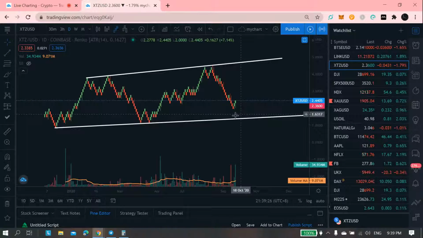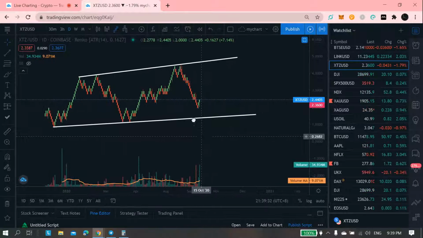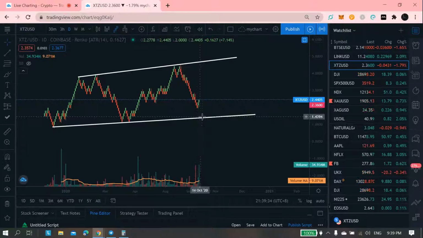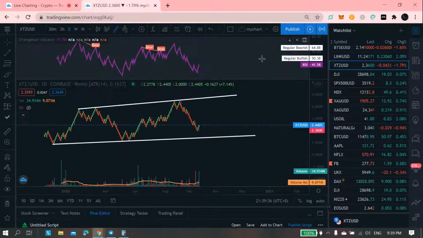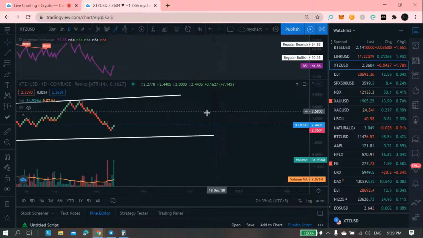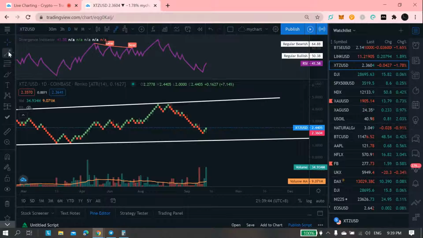Actually I'm waiting here around this support area around the 1.5, but it did not go and retest this support area. However, I see a bullish divergence forming at this area here. This is the red Renko, and then followed by a green Renko.